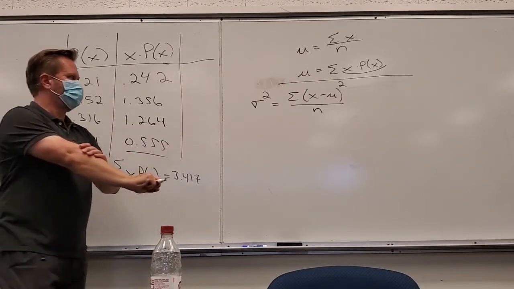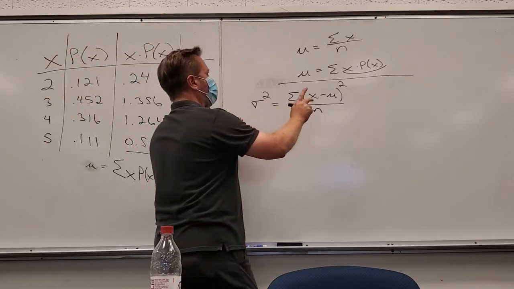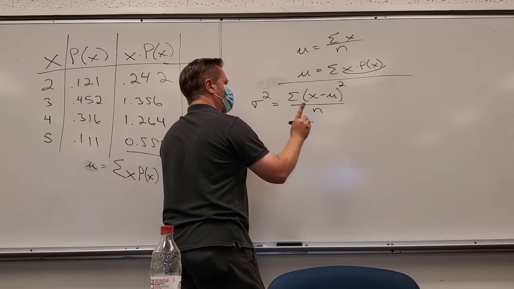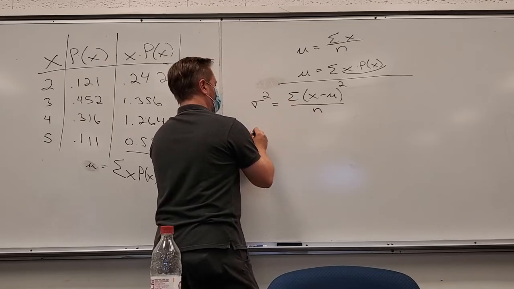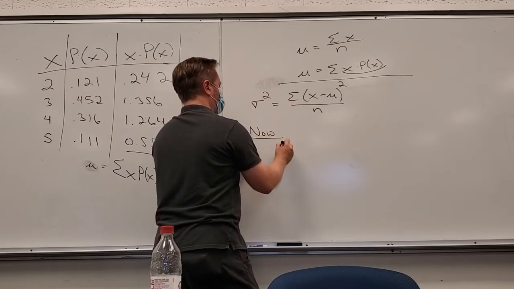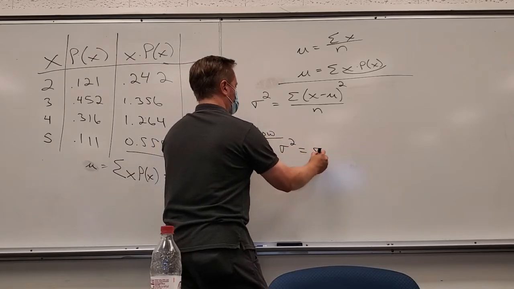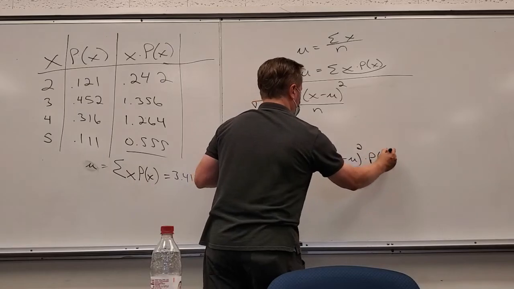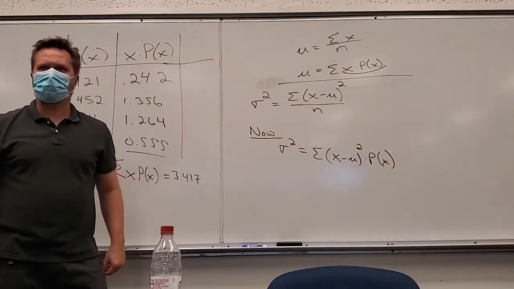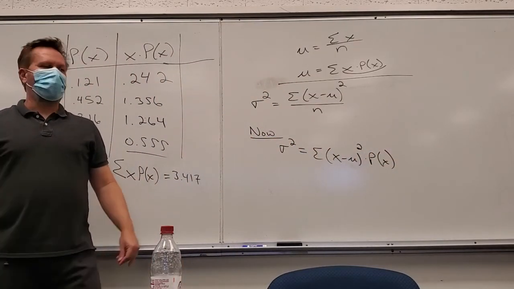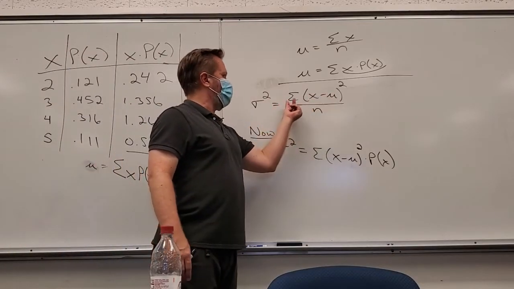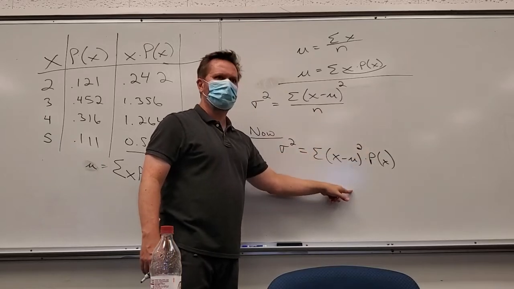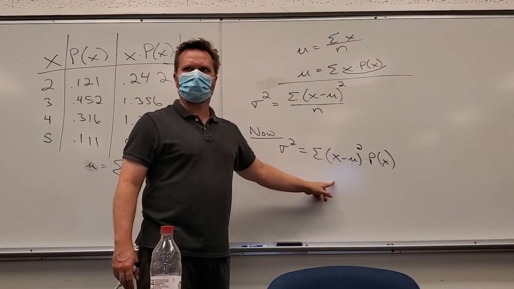I desperately want you to completely see this. You see how p of x is doing the same thing here as it did before. I'm not just going to add up these, I'm going to add up these times their weight, and the over n is built in. Again, same formula actually.